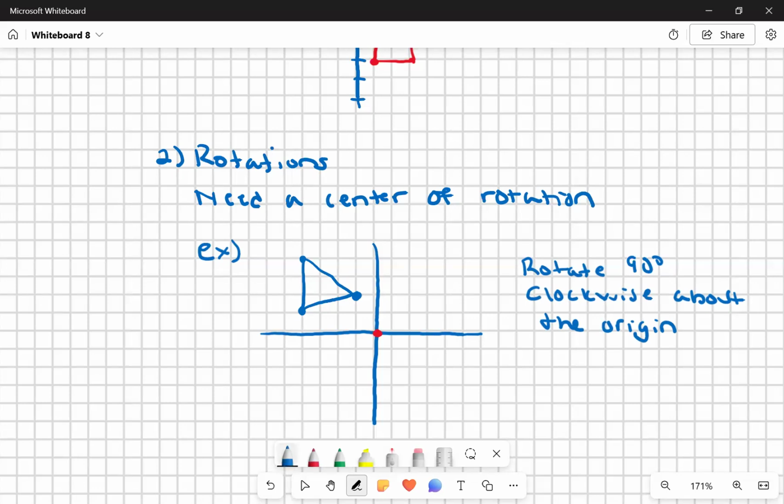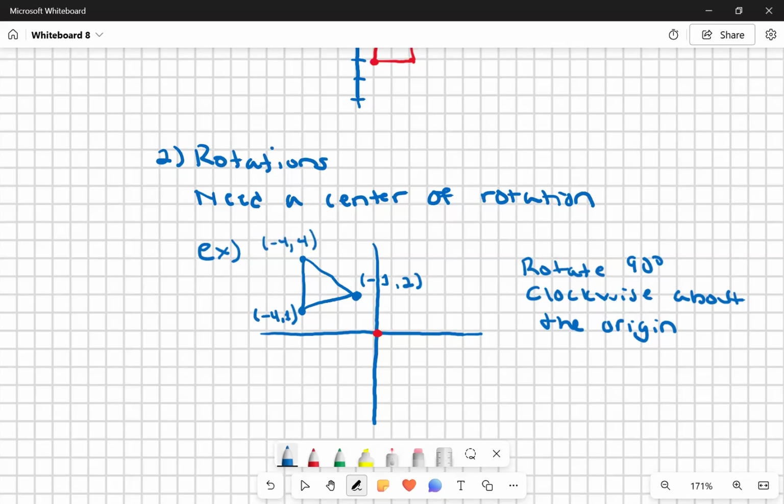And I do want to take a sec and actually write out what those ordered pairs were that I just gave you. So this ordered pair is at -1, 2. This bottom ordered pair is at -4, 1. And this ordered pair is at -4, 4.